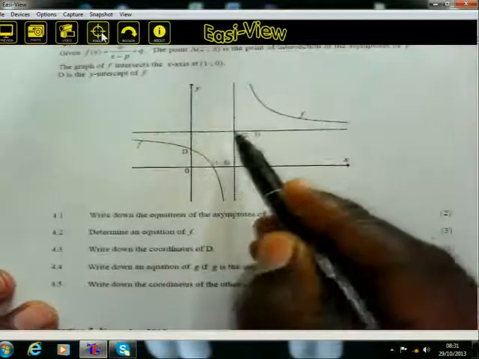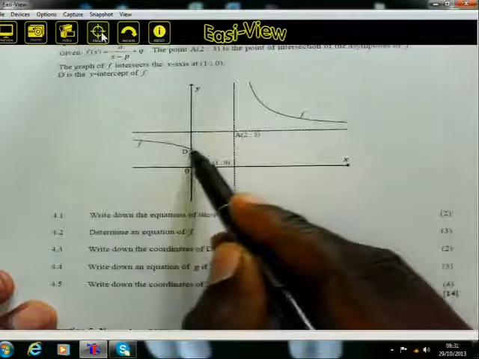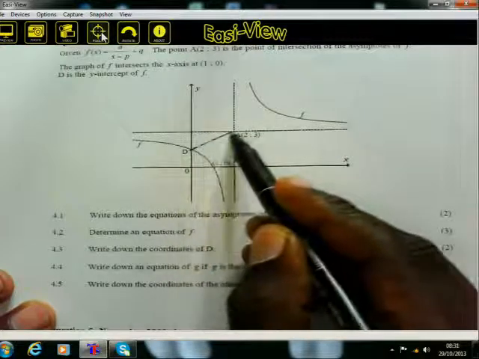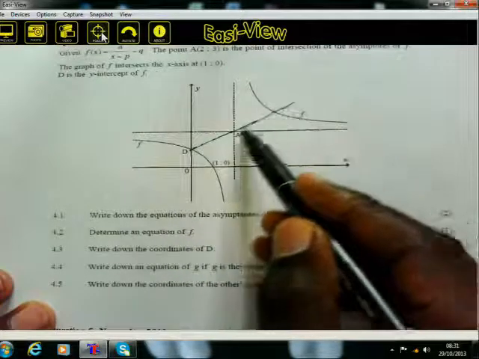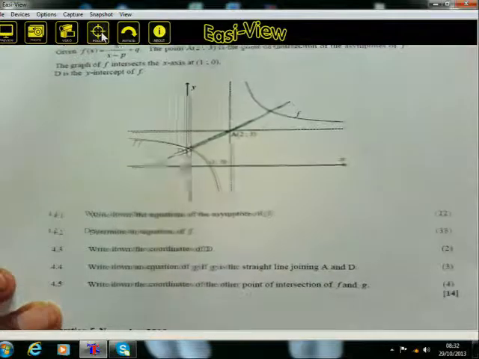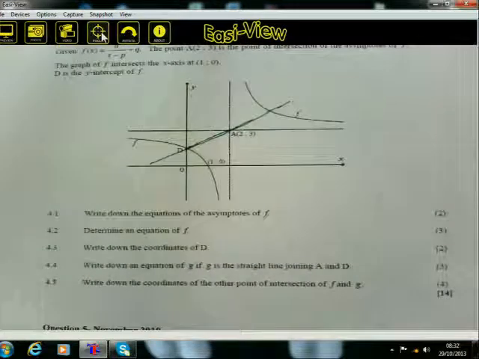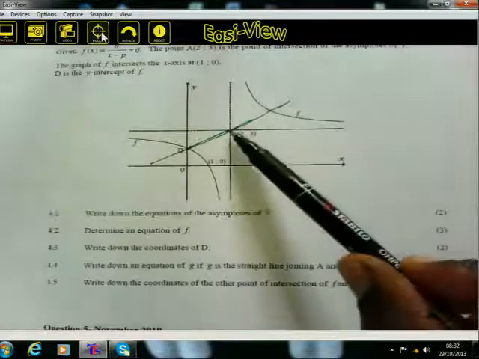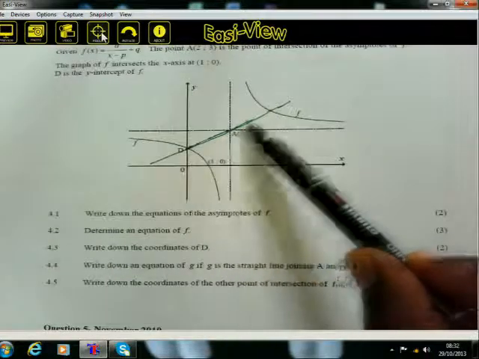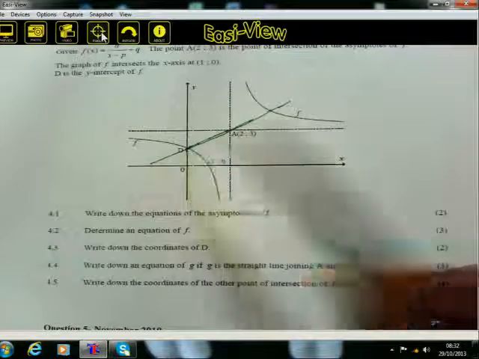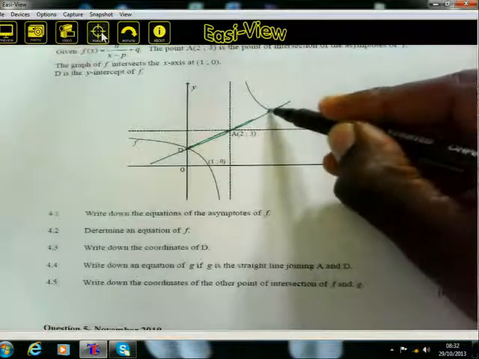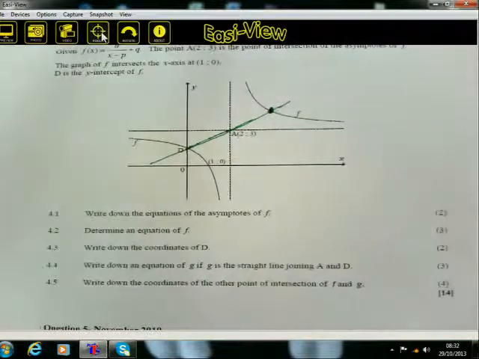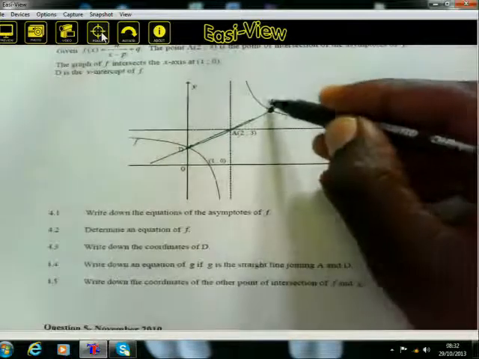This G is this straight line, that line joining A and D. So it intersects with the hyperbola at D, and it also intersects at that point. Do you see that point? That is the point that they are looking at.